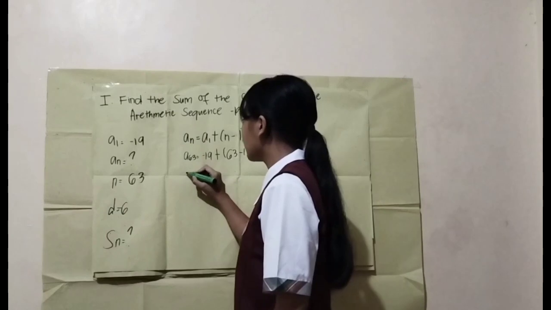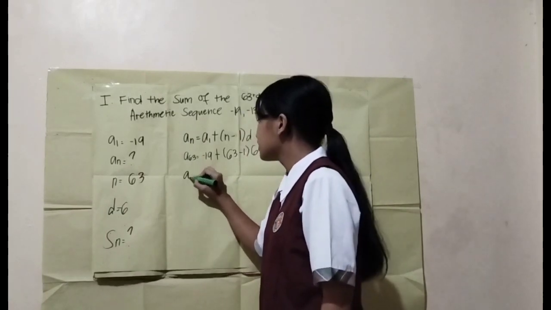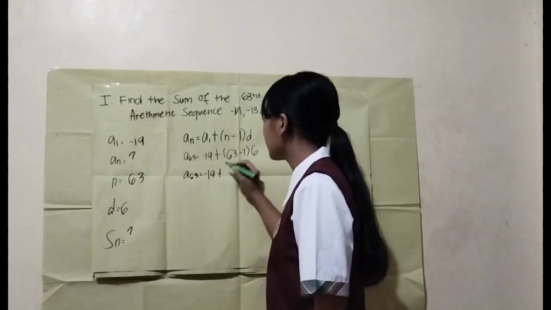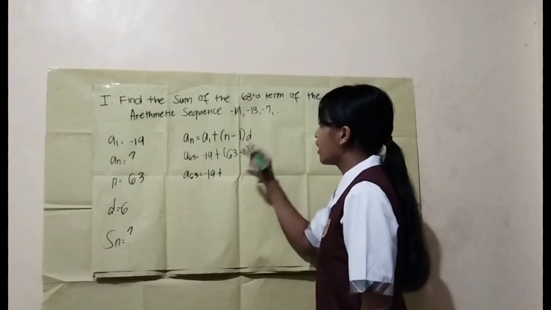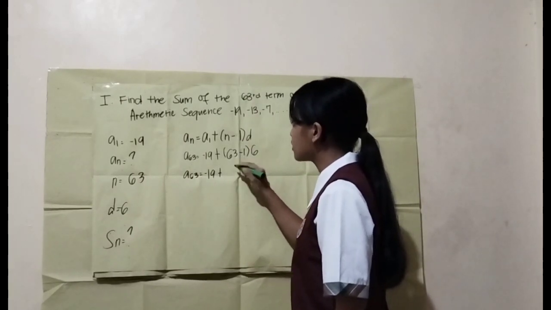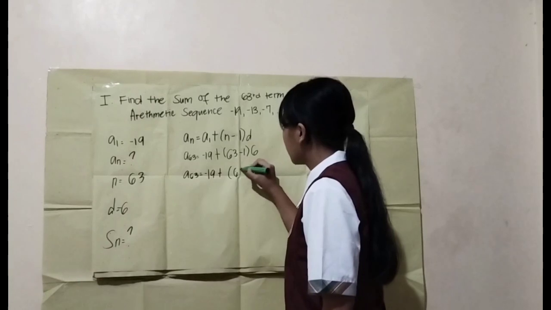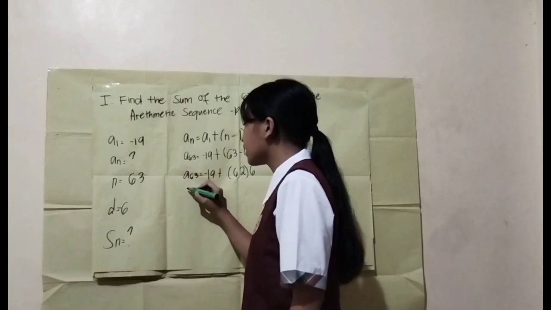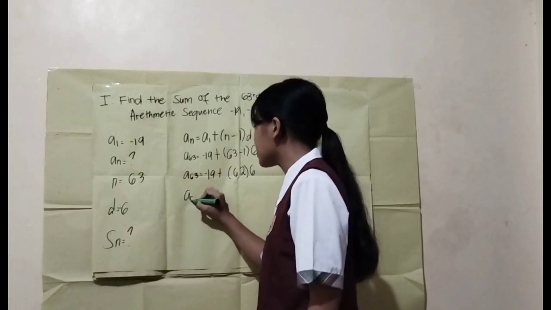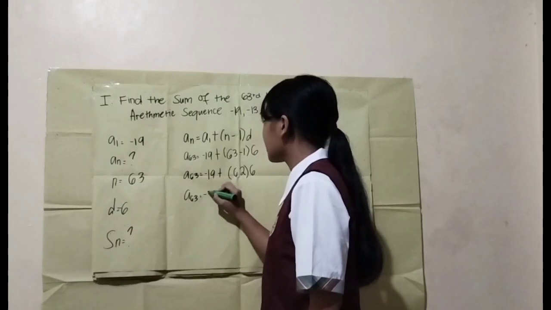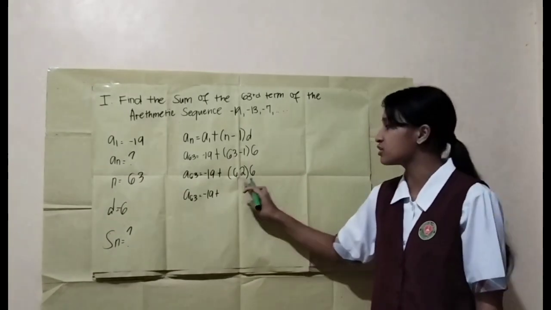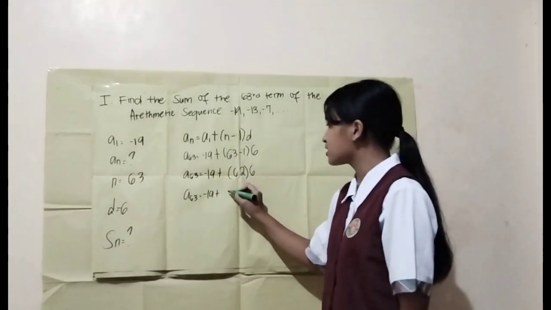We will be bringing down again the a sub 63, negative 19, and the positive sign, and we will be computing for the 63 minus 1, which is 62, times 6. We will be bringing down again the a sub 63, negative 19, and the positive sign, and we will be computing for the 62 times 6, which is 372.